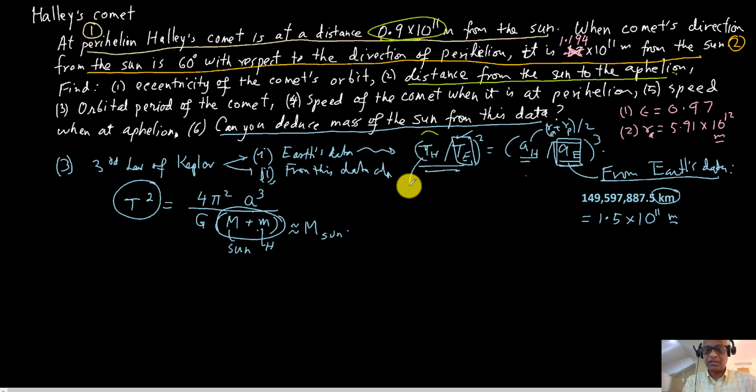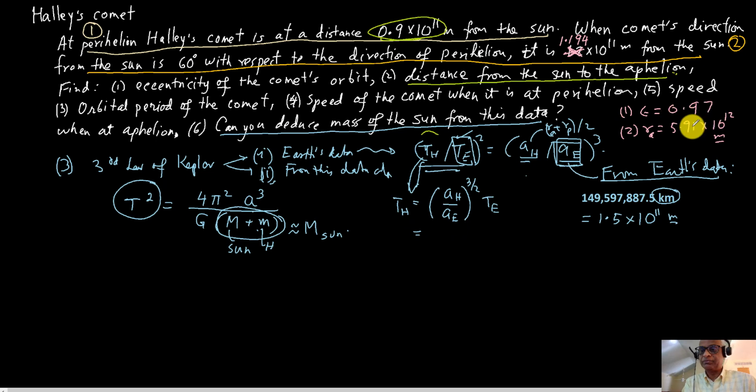And so from here you can say the Halley's comet T_H will be (AH over AE) to the power 3/2 times T Earth. So that's many years.